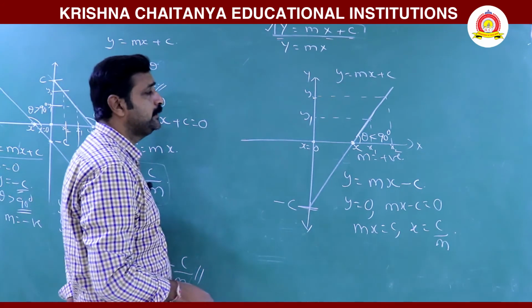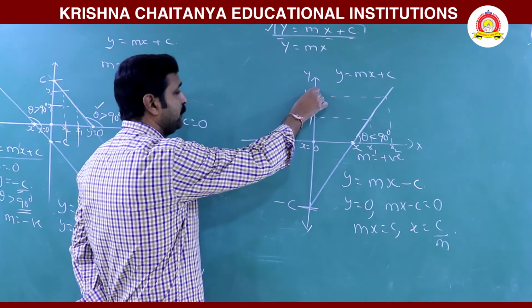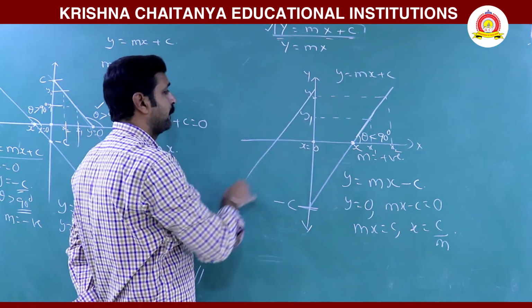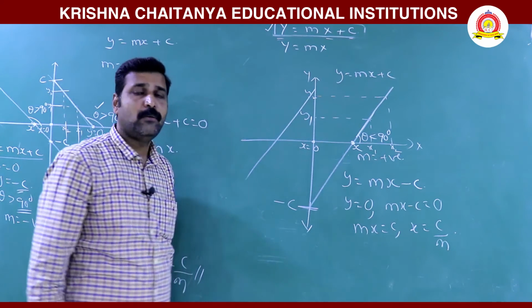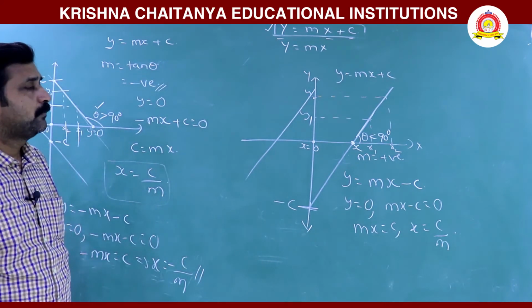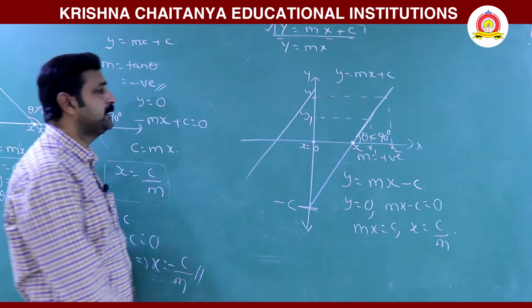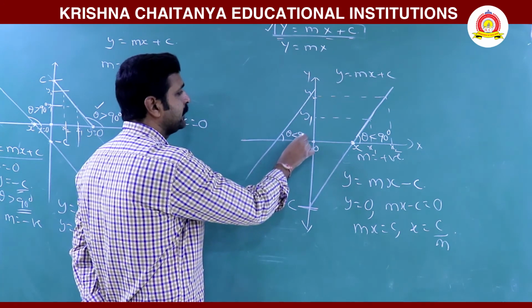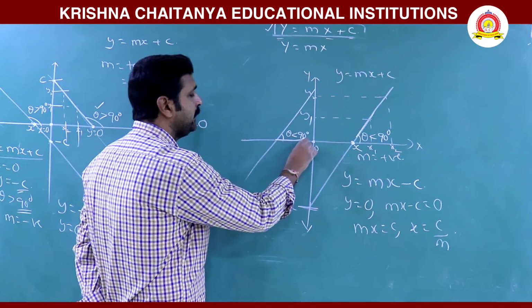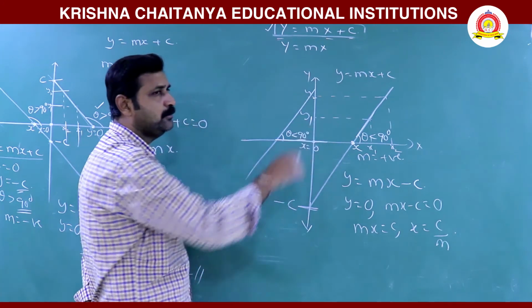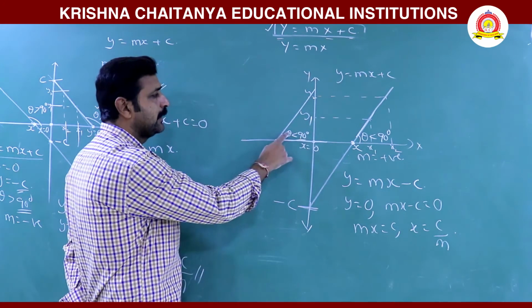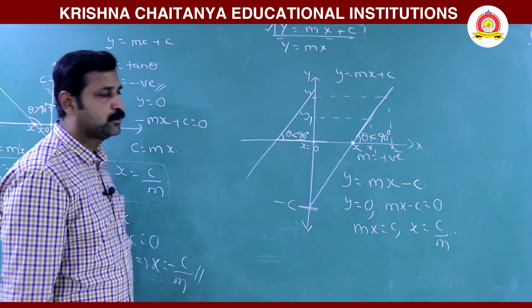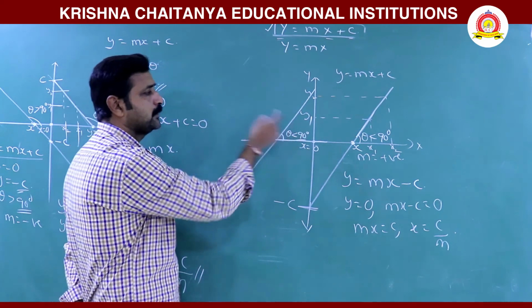Now one more graph is here. If this is a graph, then what about this graph? What happens? Here theta is less than 90, the angle made with the positive x-axis. So the slope is positive.